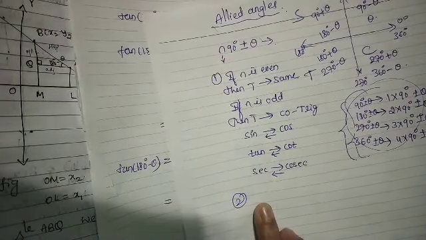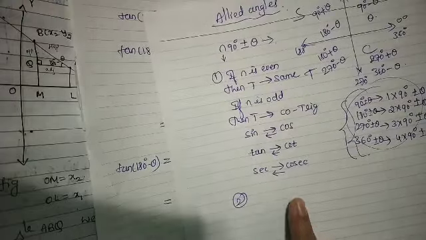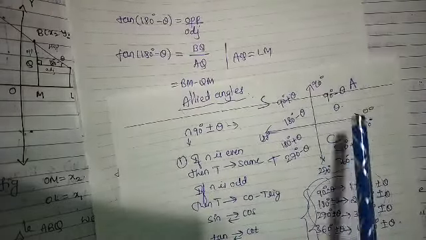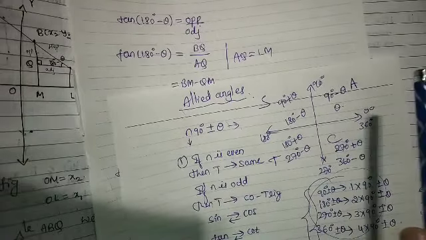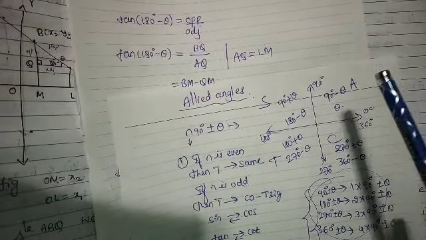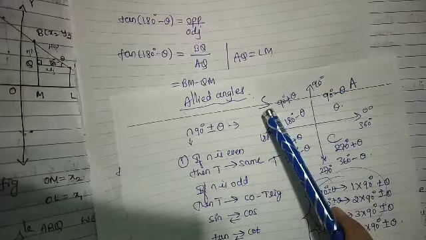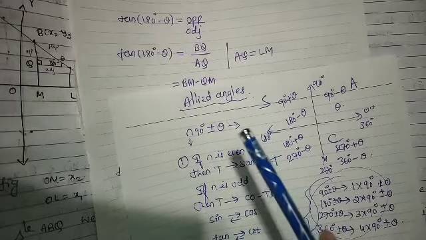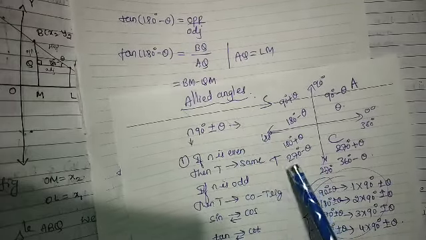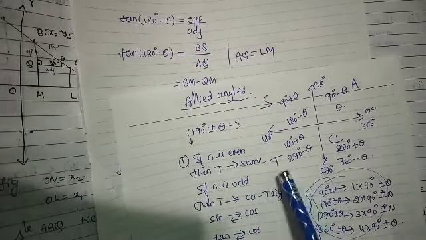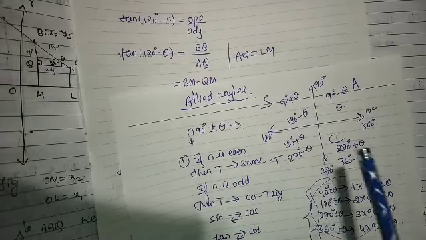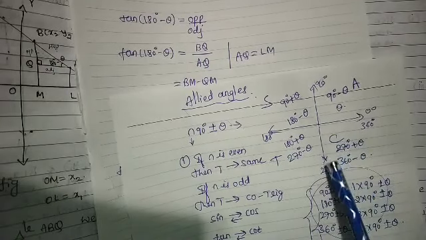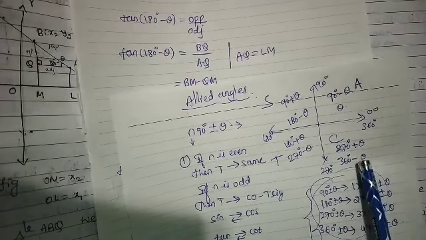The second rule is that the sign is taken according to the quadrant rule. What is that quadrant rule? The ASTC rule. What is the ASTC rule? All trigonometric functions are positive in the first quadrant. In the second quadrant, sine and its reciprocal cosec are positive, and the remaining 4 ratios will be negative. In the third quadrant, tan and cot are positive, and the remaining 4 ratios are negative. In the fourth quadrant, cos and sec are positive, and the remaining 4 ratios will be negative.